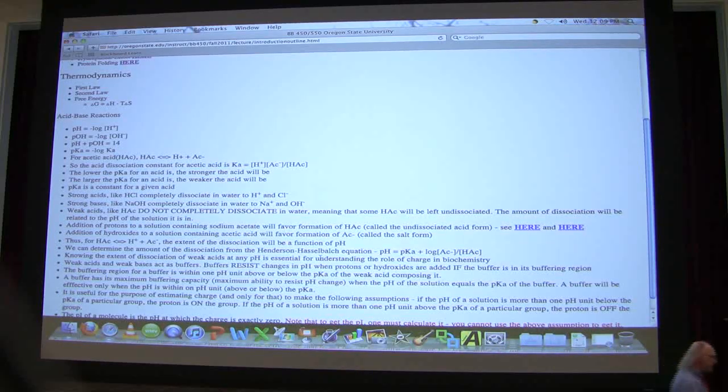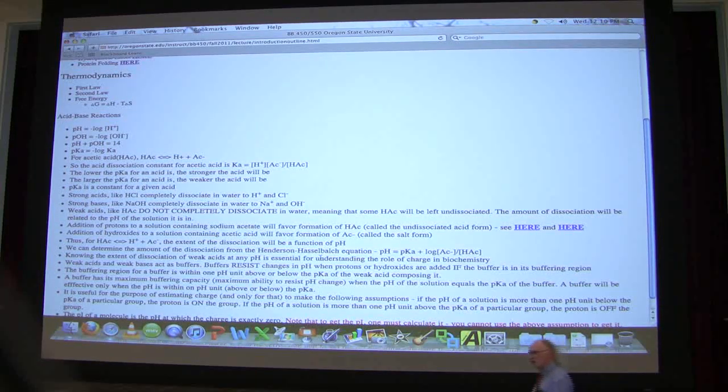All right, let's think about that weak acid. Let's think about acetic acid for a moment, and what happens with it in solution. If I just dump it into water, a pretty small percentage of that HAc becomes H+ and Ac-. When I'm concerned about pH, the only thing I'm concerned about is the H+, not the Ac-.